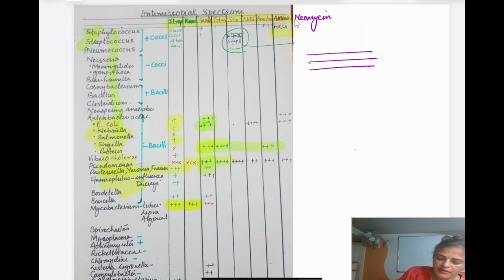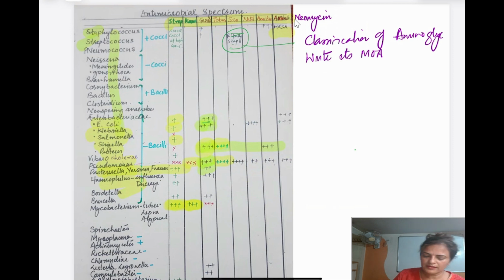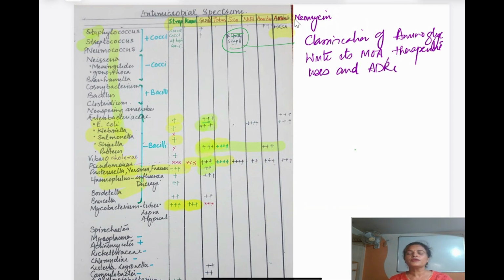And in the exam, what kind of question do students mostly get? They get the question on classification. You are supposed to write the classification of aminoglycosides or macrolide, for which I have already made a video, and then write its mechanism of action, its therapeutic uses and adverse effects. This is how the question comes.